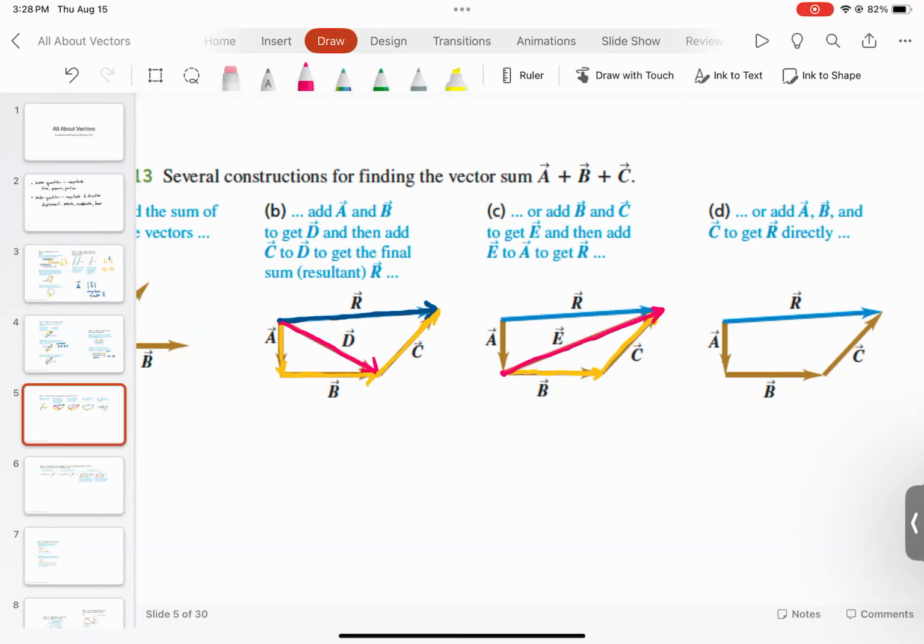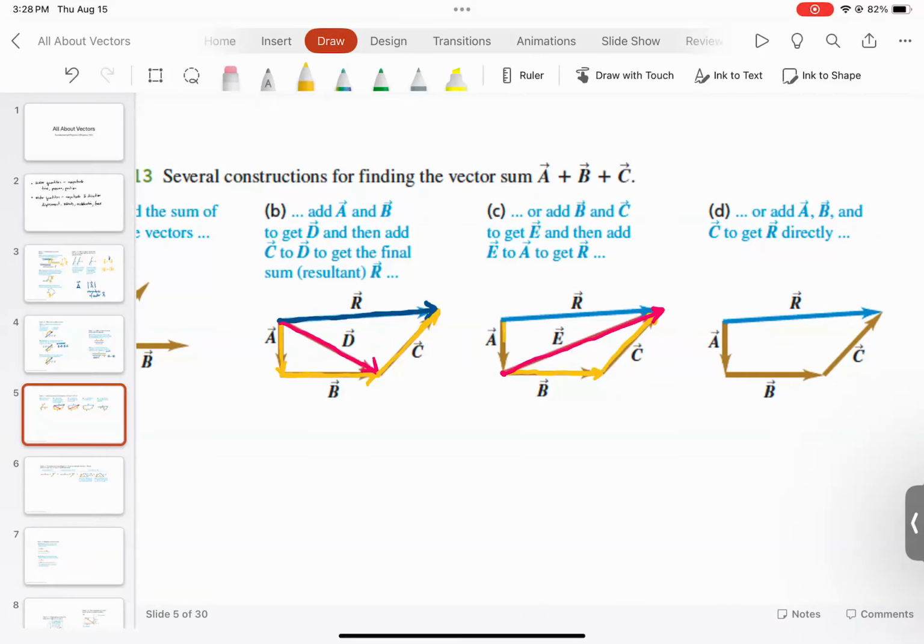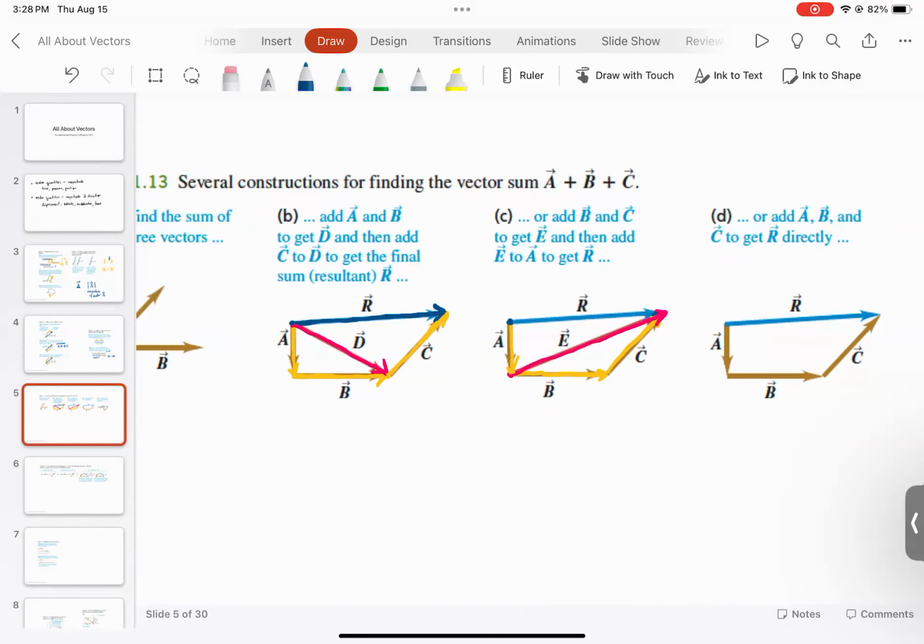That's vector E. So this is B plus C. Then we add vector A to vector E. E is just B plus C. So now the resultant vector is from the tail of vector A to the head of vector E. And that's the result.